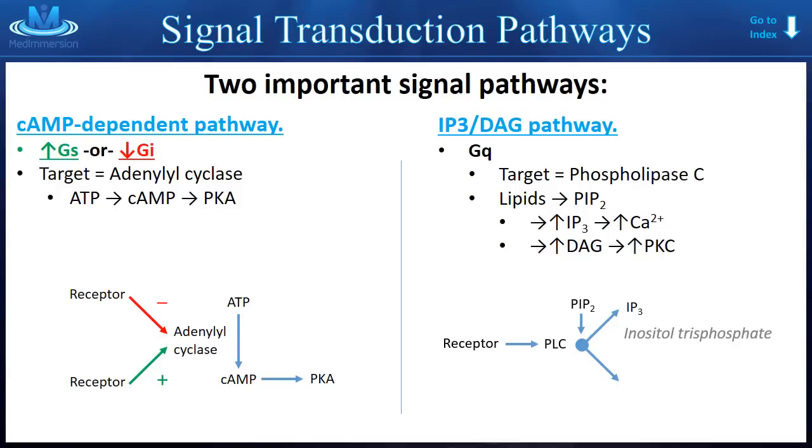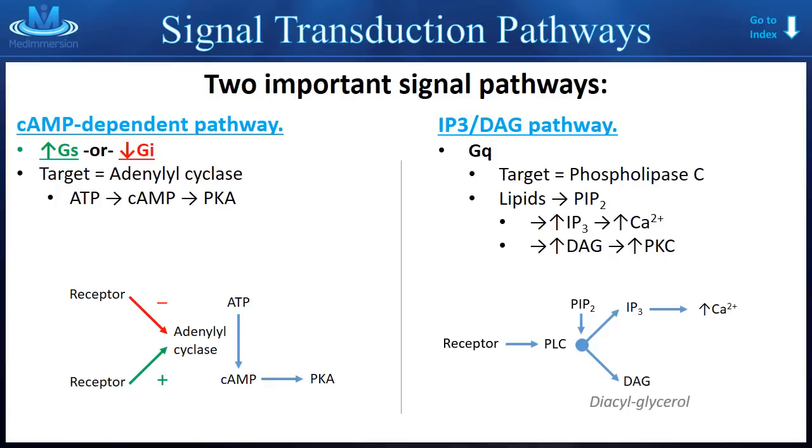IP3 is released into the cytosol of the cell, and it goes along and activates receptors in the smooth endoplasmic reticulum, which opens calcium channels and thus liberates calcium. And we all know that calcium has a very strong role in changing the physiology of a lot of things in a cell. So that's one mechanism by which this receptor works. The second half is the DAG half, or diacylglycerol.